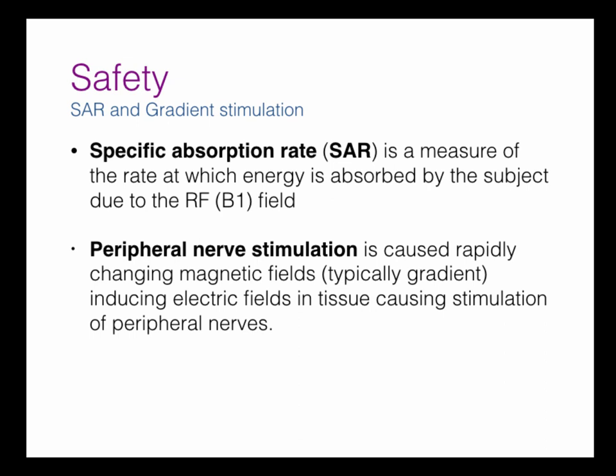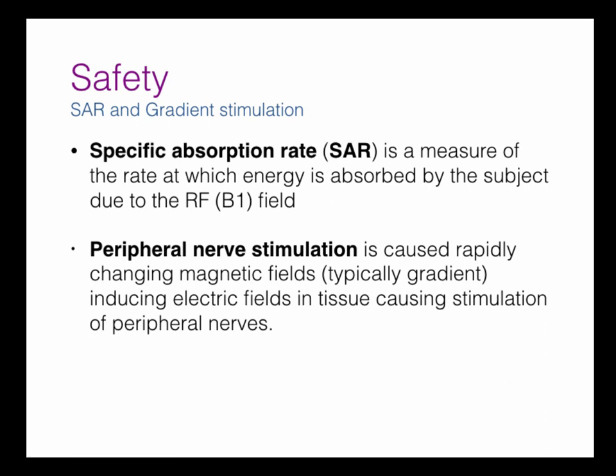The other thing to consider is peripheral nerve stimulation, and this is caused by the imaging gradients themselves. When you think about those imaging gradients, we've got these magnetic fields that we're turning on and off, and when they switch, they basically induce currents, because you have a conductor in the magnet, introducing electric fields in the tissue, and this can cause sensations in peripheral nerves of the body.